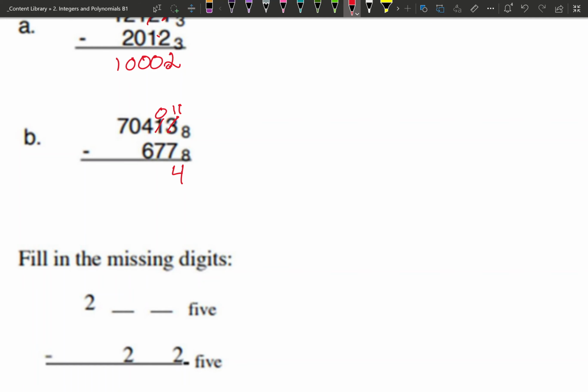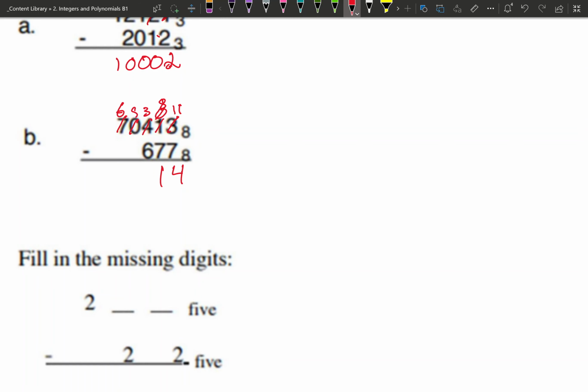We can't do 0 minus 7, so we need to borrow. So this becomes a 3. We add 8 here. 8 minus 7 is 1. We cannot do 3 minus 6, so we need to borrow, but we can't borrow from the 0, so we have to go to the 7 first. So 7 becomes 6. We subtract 1.